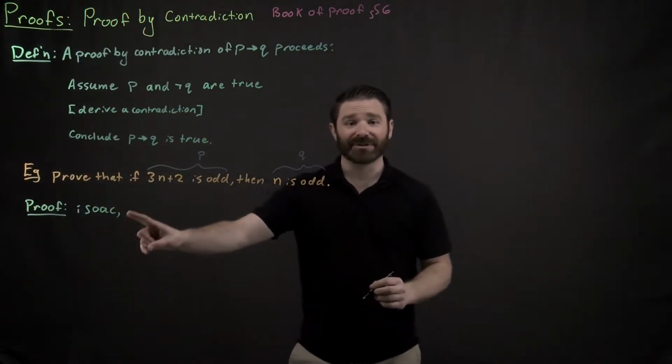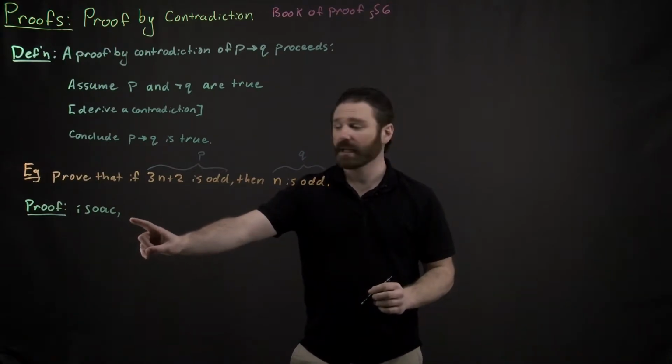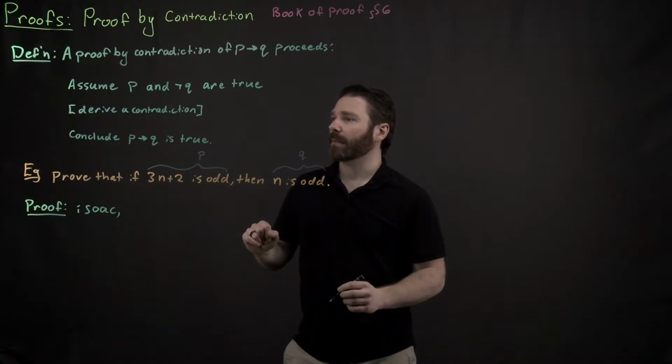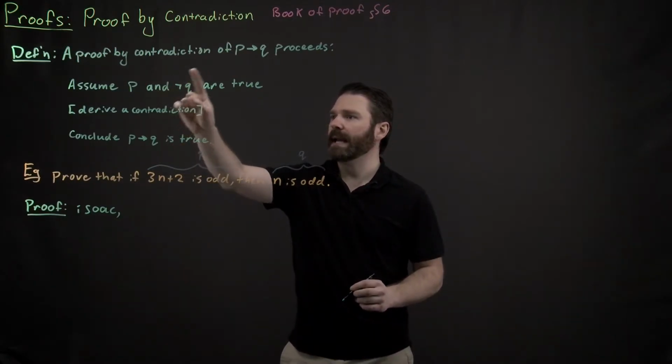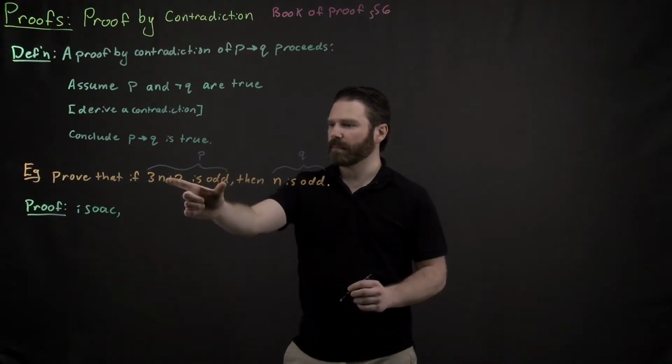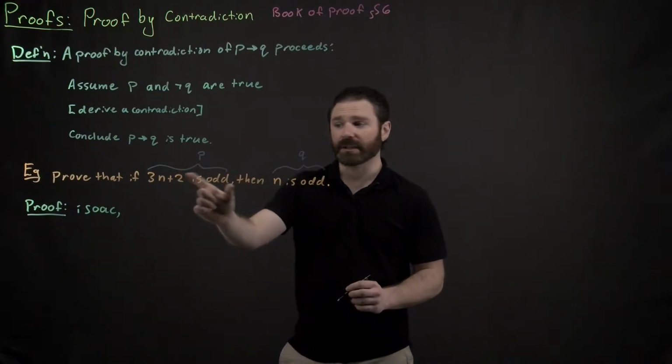So once again, you declare what proof technique you are using. So in search of a contradiction, I am going to assume P and not Q. So here is my P, so I assume that that's true.